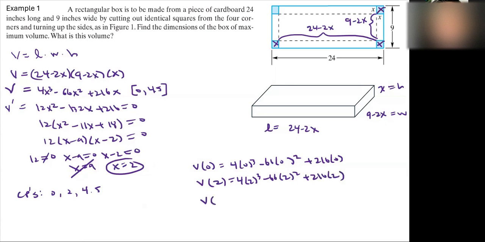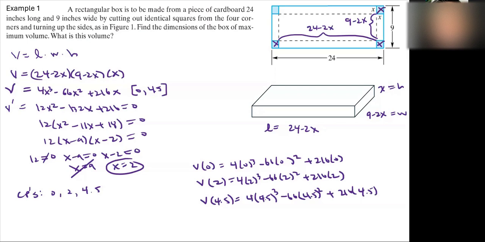Then we have V of 4.5: 4 times 4.5 cubed minus 66 times 4.5 squared plus 216 times 4.5.